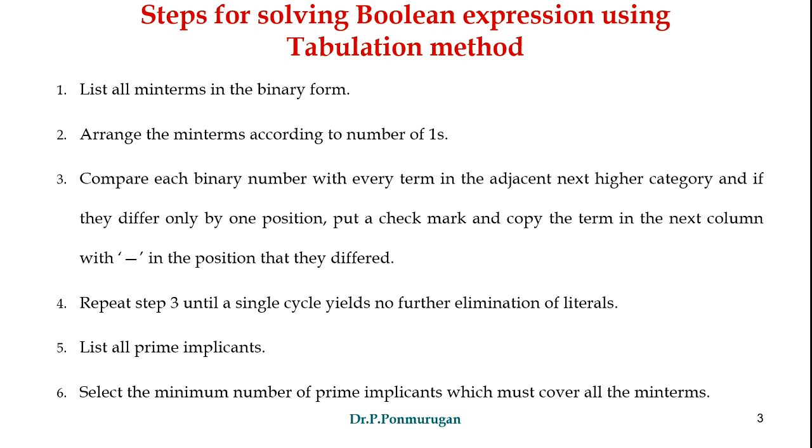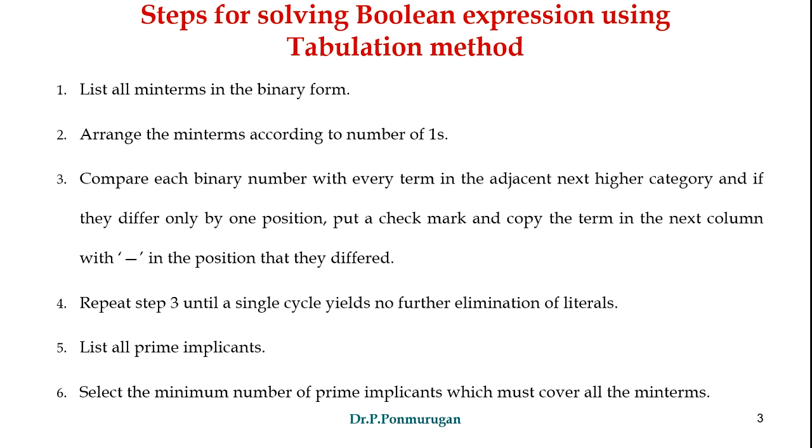First we have to sort the minterms in the binary form, this is the first step, and then we have to arrange the minterms according to the number of ones in each minterm. The third step is we have to compare each binary number with every term in the adjacent next higher order category, and if they differ only by one bit position, put a check mark and copy the term in the next column with a hyphen in the position that they differ.